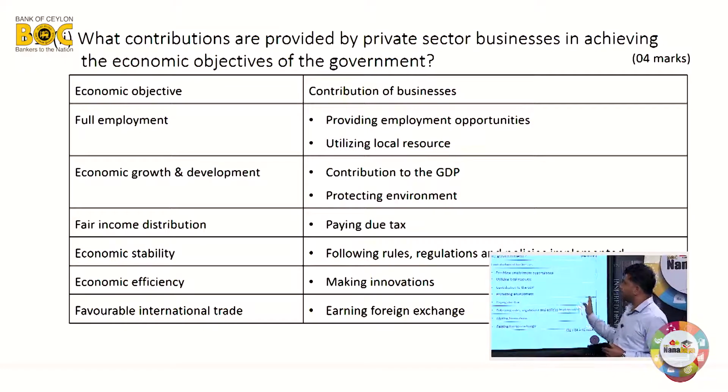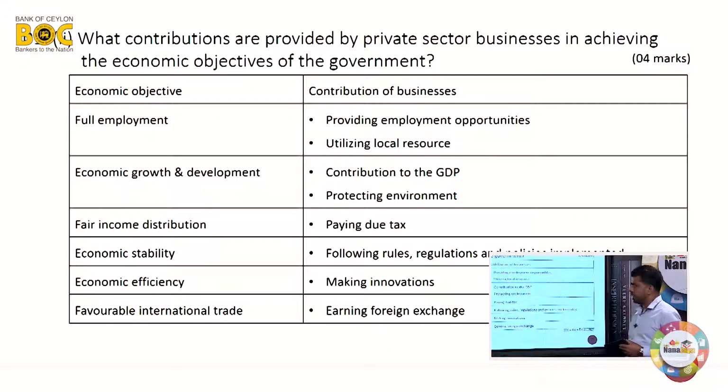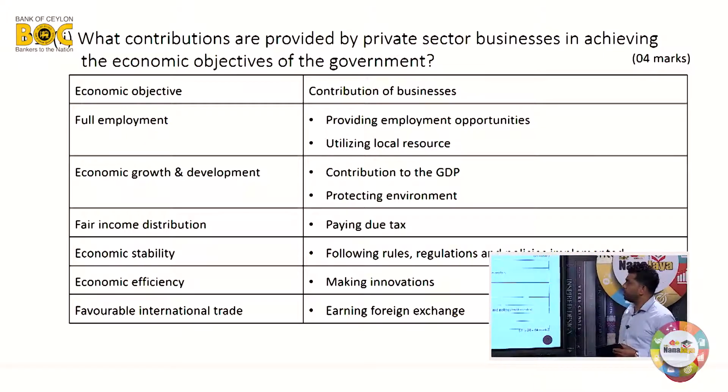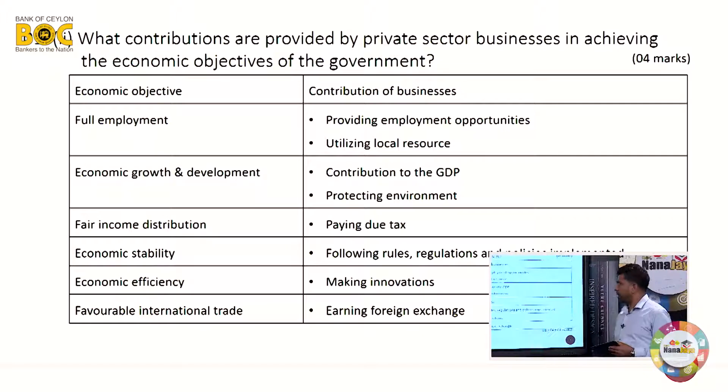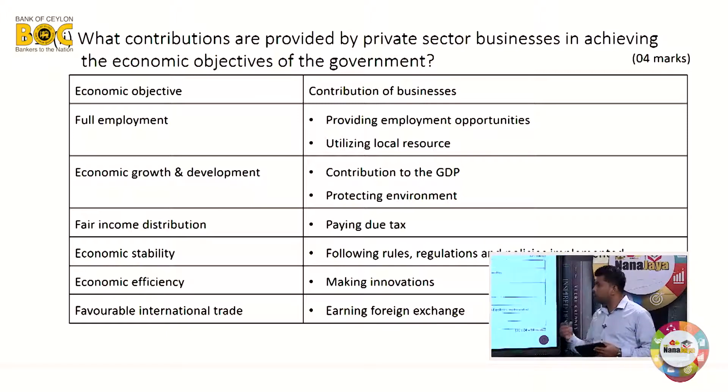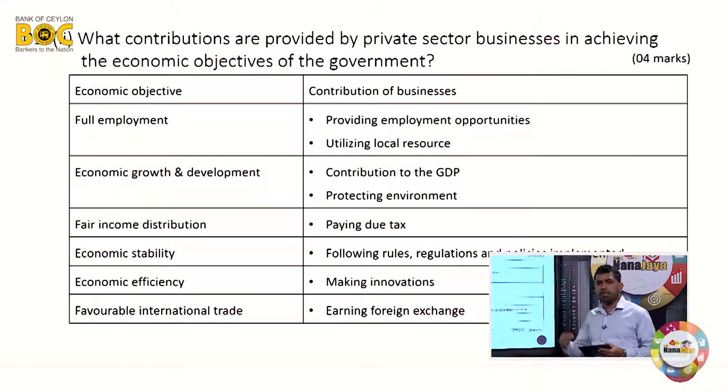To achieve the full employment objective, a business can contribute by providing employment opportunities and by utilizing local resources in their production activities.